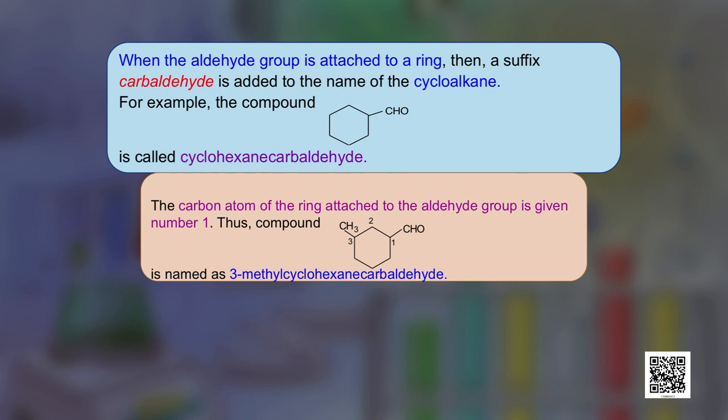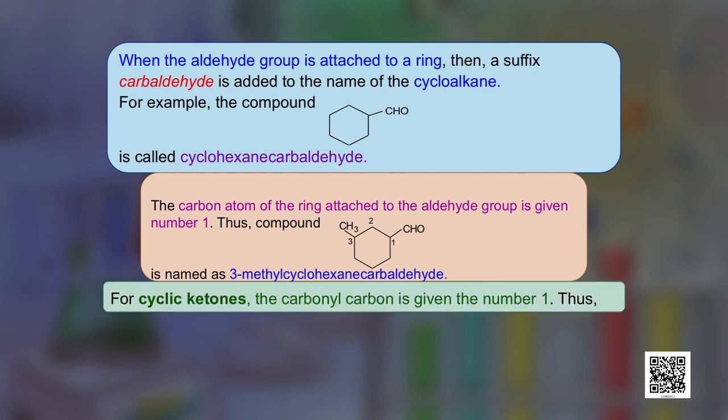Thus, the compound shown here is named as 3-methyl cyclohexane carbaldehyde. For cyclic ketones, the carbonyl carbon is given the number 1. Thus, in this compound, you can see the numbering is starting at the carbonyl carbon giving the number 1.